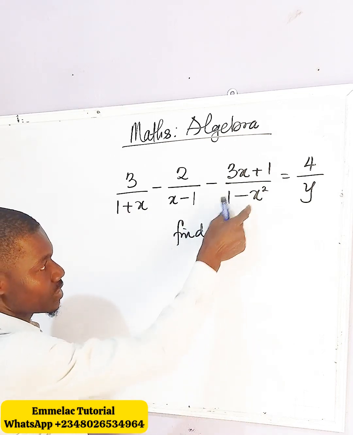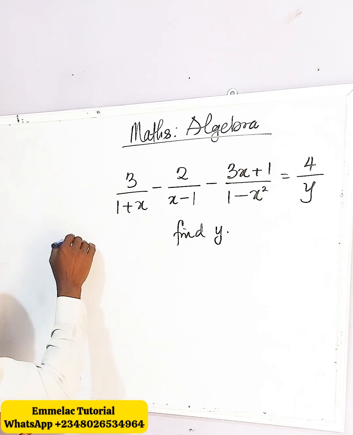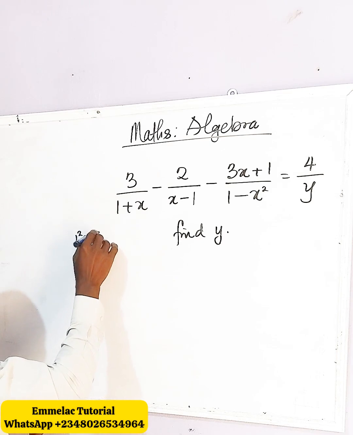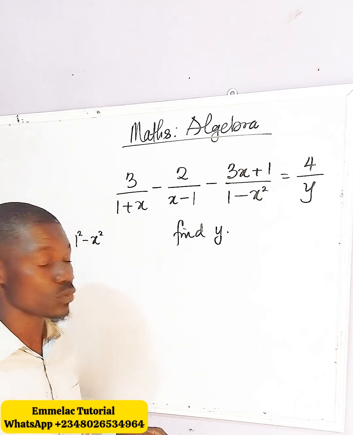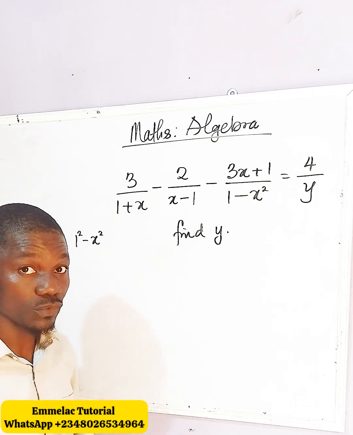By looking at this, we can rewrite it as 1 squared minus x squared, which reminds us of the difference of two squares.